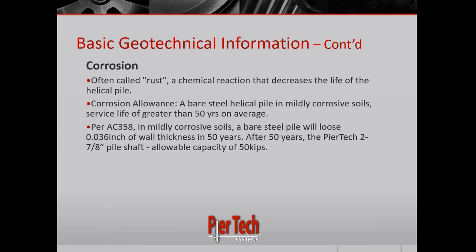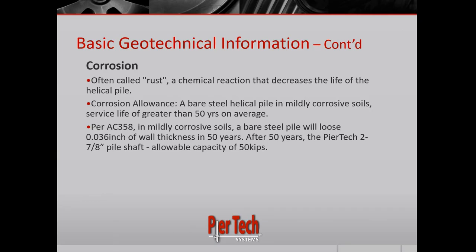AC358 is an independent accreditation process for the helical pile system, and they've established some criteria for corrosion loss. And what it says is that a bare steel pile will lose approximately 0.036 inch of wall thickness in a 50-year span. After 50 years, the Piertech 2 7/8 pile will have an allowable capacity around 50 kips.